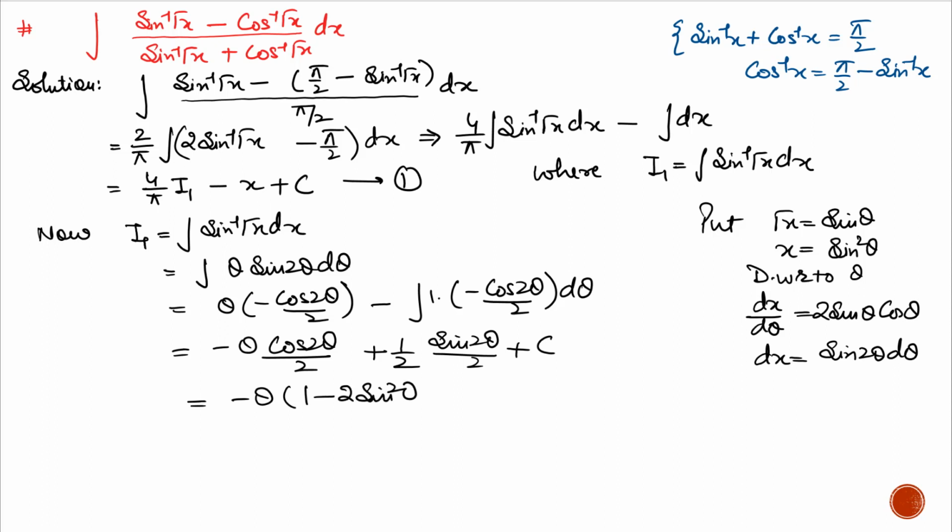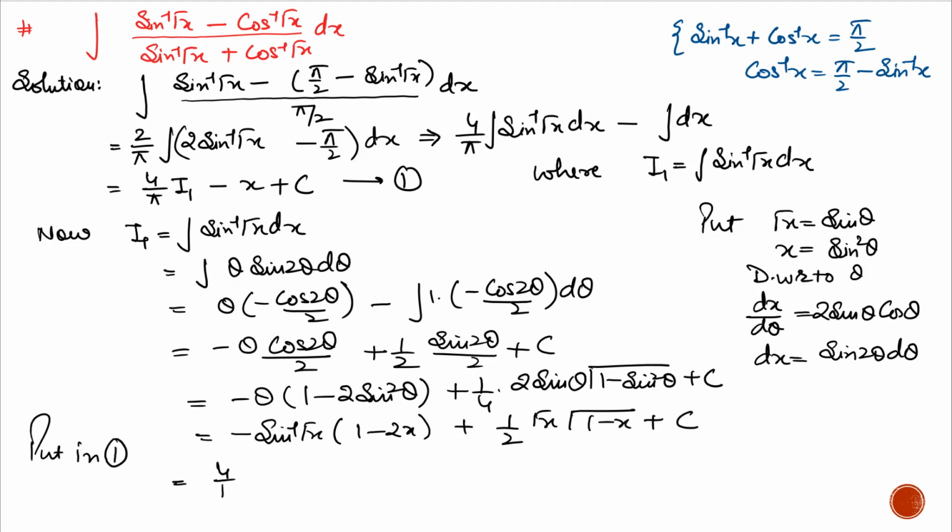Now we replace cos 2 theta by 1 minus 2 sin square theta, and sin 2 theta is 2 sin theta cos theta, where cos theta is root of 1 minus sin square theta. Now theta is sin inverse root x and sin theta is root x, and putting in the first expression we get the answer 4 by pi in bracket (2x minus 1) sin inverse root x plus 1 by 2 in root (x minus x square) minus x plus c.